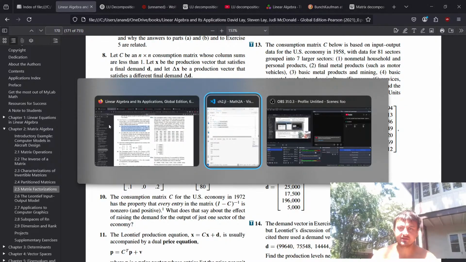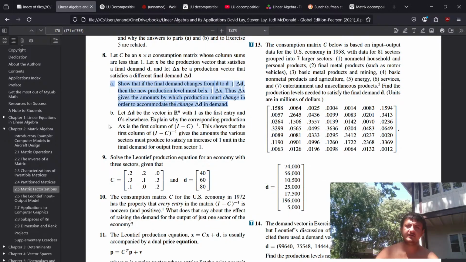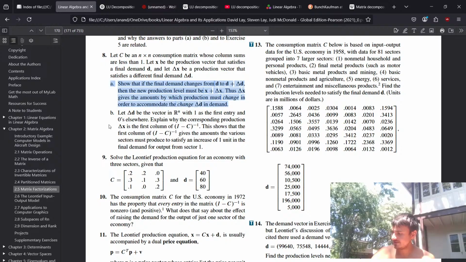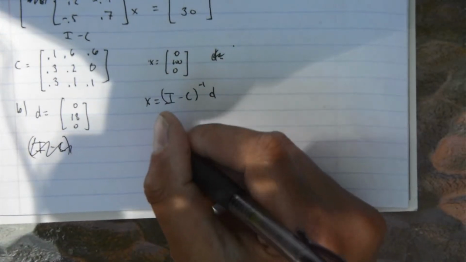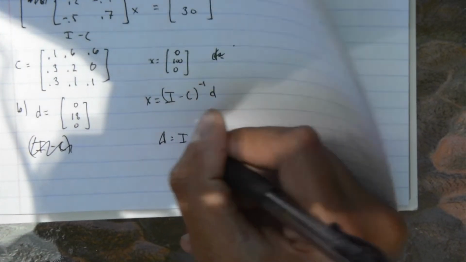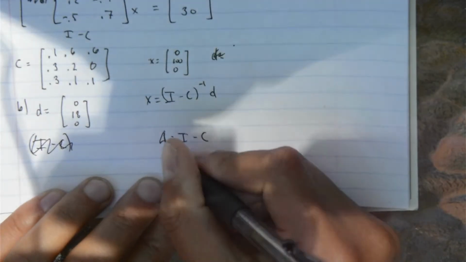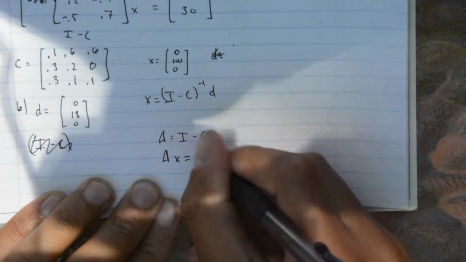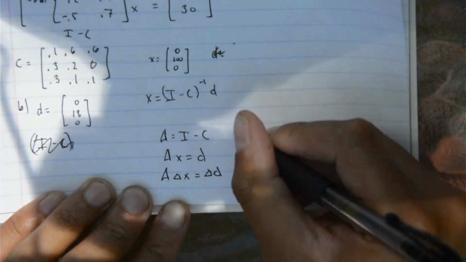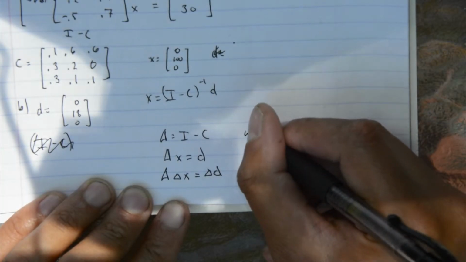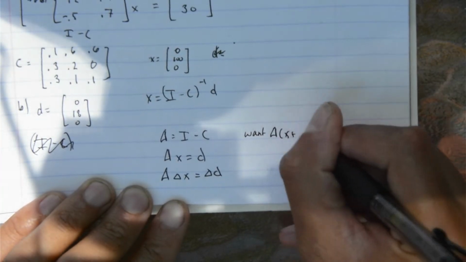So for this one, it's applying the linearity definition. If we have two solutions to the Leontief input-output equation, let's say A is equal to I minus C. If we have A x equals D, and we have A delta x equals delta D, we want to find A times x plus delta x.